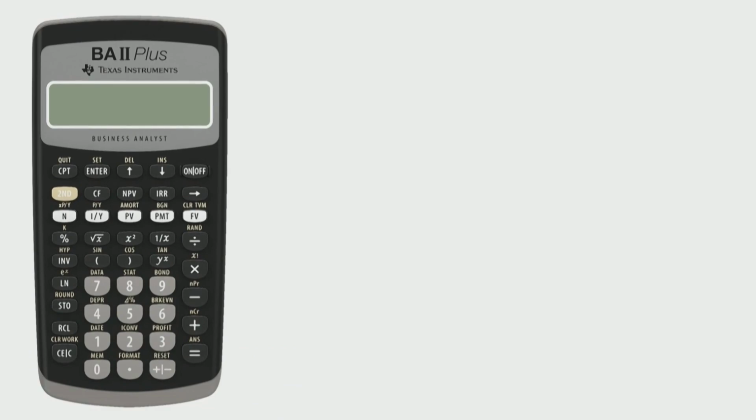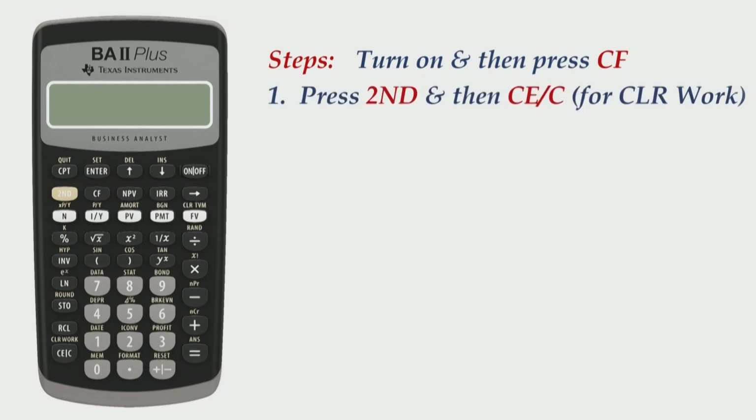Now the steps begin in the usual manner. So you turn on your calculator and press cash flow, that is CF. Thereafter, for clearing the work done earlier, you press second and then CEC for clearing the work, second and CEC.